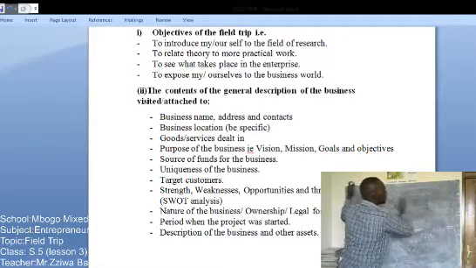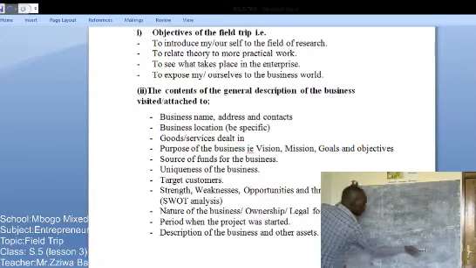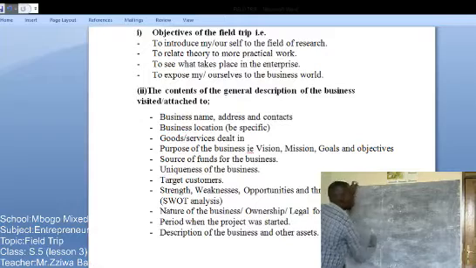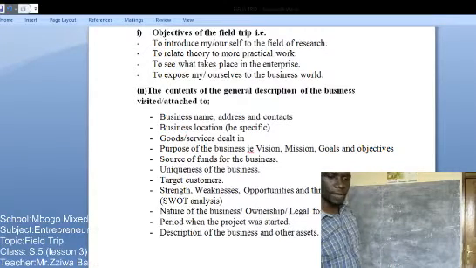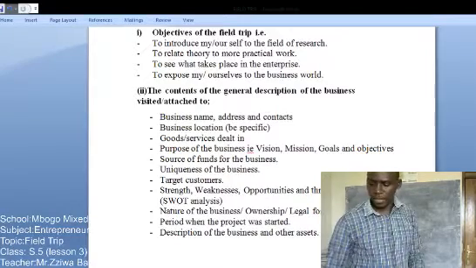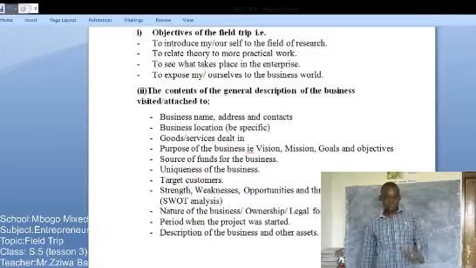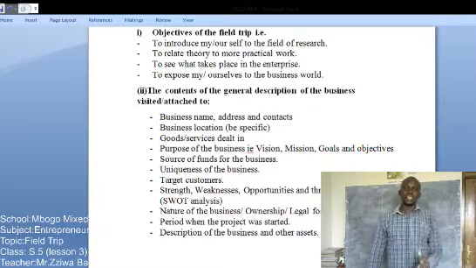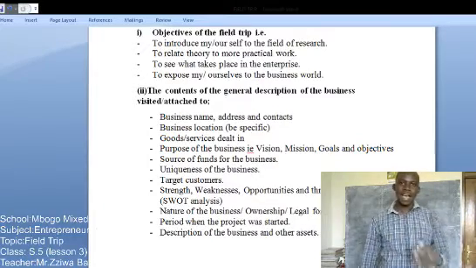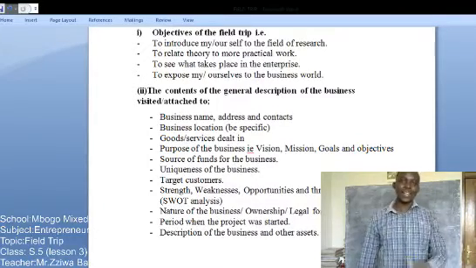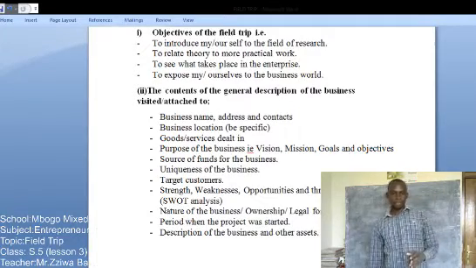Now, the general description has components. When we were discussing school business clubs, the teacher must have hinted on the concept of a general description. We are using the same components, but what is going to change here are the examples or the evidence or the proof.